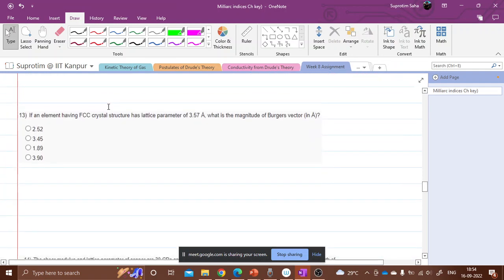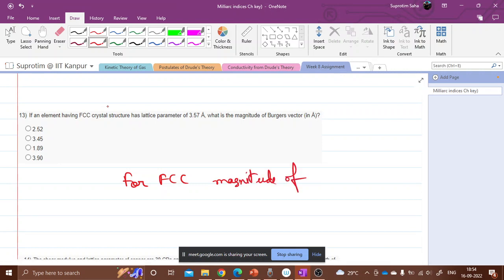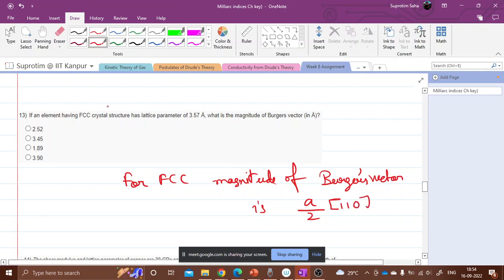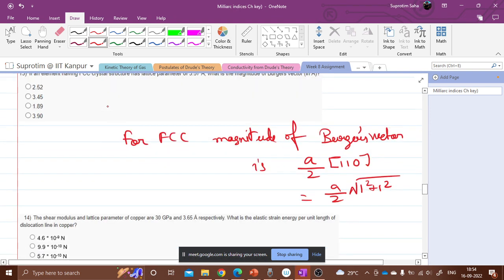If an element having FCC crystal structure has lattice parameter of 3.57 angstrom, what is the magnitude of the Burgers vector? For FCC, the magnitude of the Burgers vector is a by 2 times the 110 direction, so a by 2 times root of 1 squared plus 1 squared, that would be a by root 2.